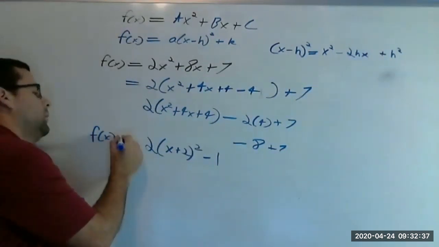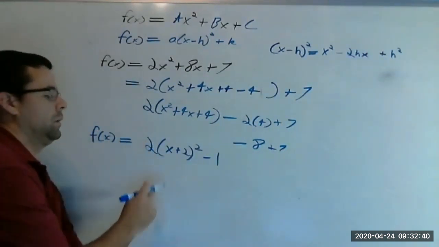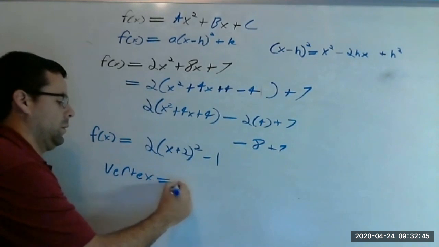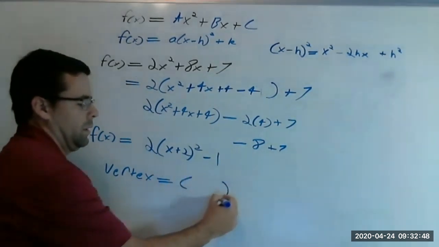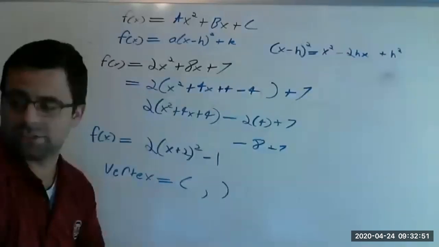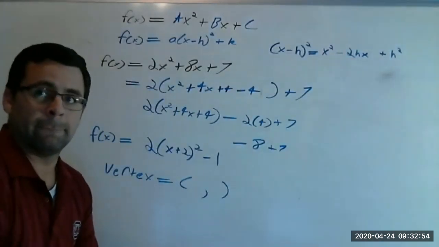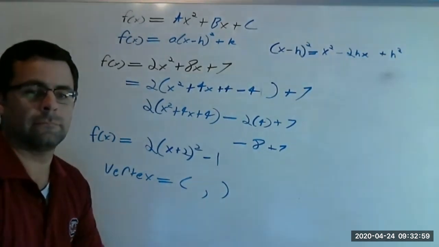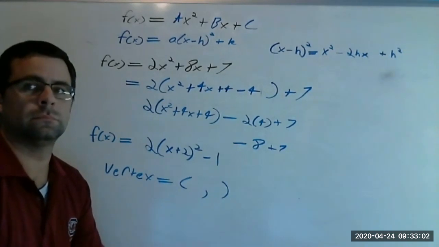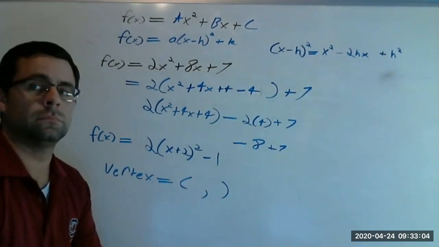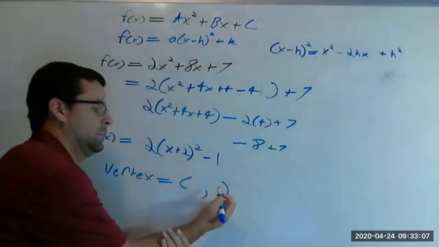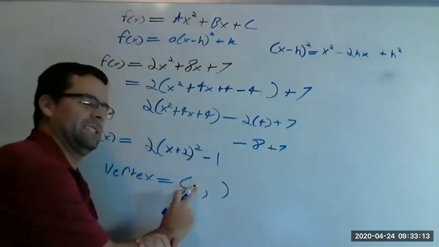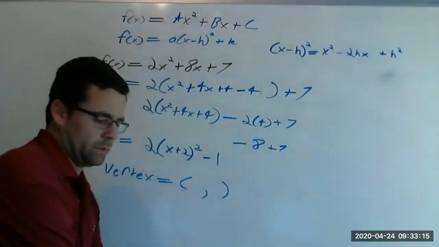So where is the vertex of this quadratic? X is 1. So this isn't 1.